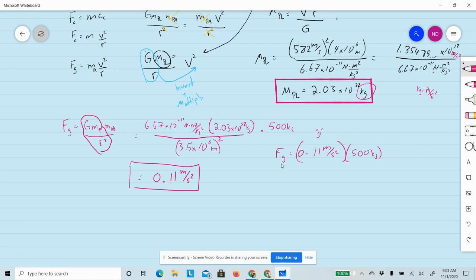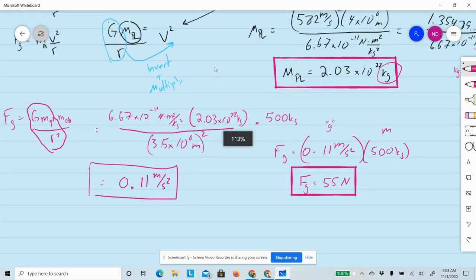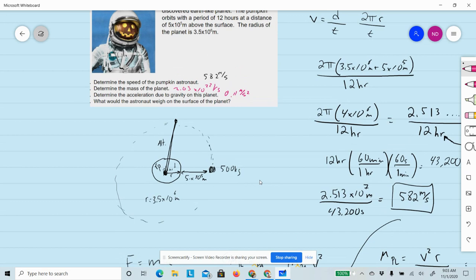That would be the g for that planet, and that would be the mass of the astronaut. So we get 55 newtons. Whoa, 55 newtons. What would he weigh? 55 newtons. That is the problem.